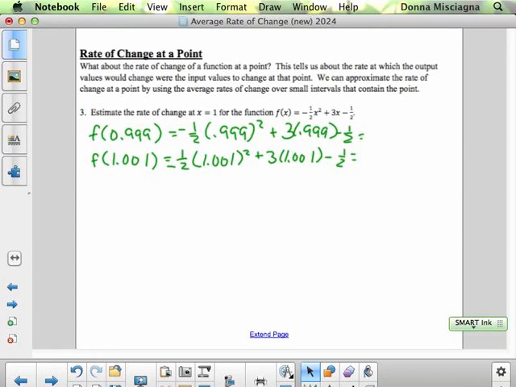1.001 squared times negative 0.5. All right, and then plus 1.001 times 3 minus 0.5. All right, so I get 2.0019995.